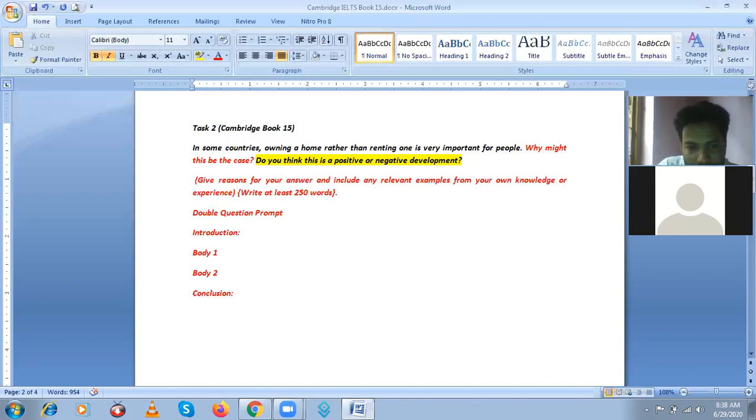We'll directly answer the first question in body 1. Body 2 will talk about the second question, and the conclusion will restate the main points of body 1 and body 2.